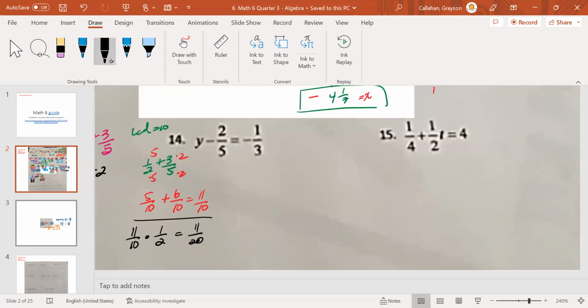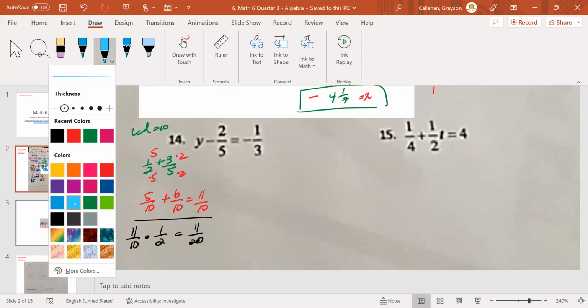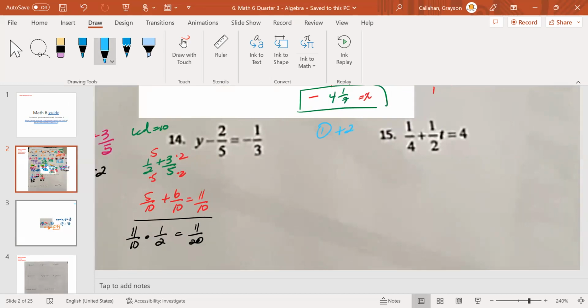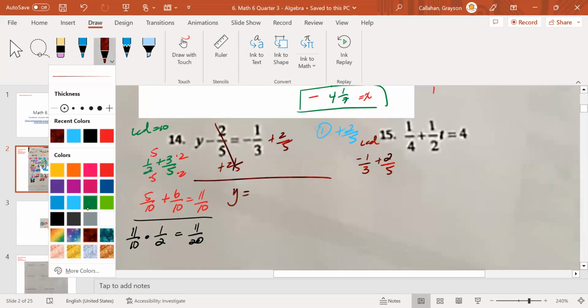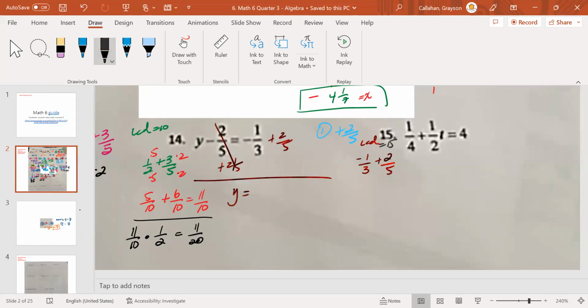For number 14, first step, you want to add 2 over 5 on both sides. So when I go ahead and do that, plus 2 over 5, plus 2 over 5. That part cancels, bring down the y. On the side, you do negative 1 over 3 plus 2 over 5. Lowest common denominator in this case is 15.